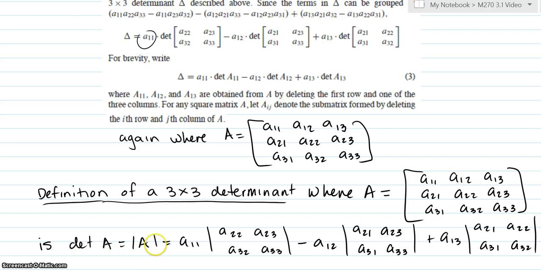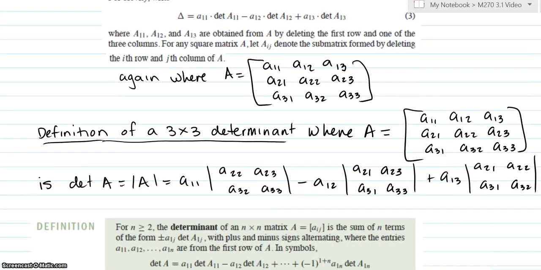The determinant of A is written as A11, cross out what's left over, put a minus A22, cross out what's left over, with a 2 by 2 determinant, plus A13, and you cross out what's left over, and you take the determinant of that.